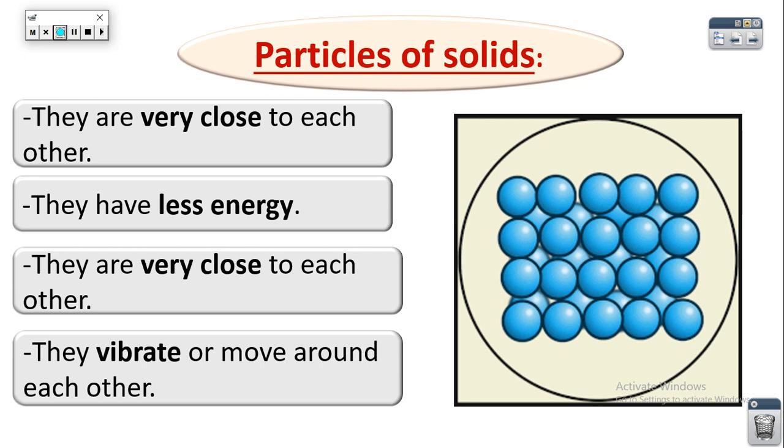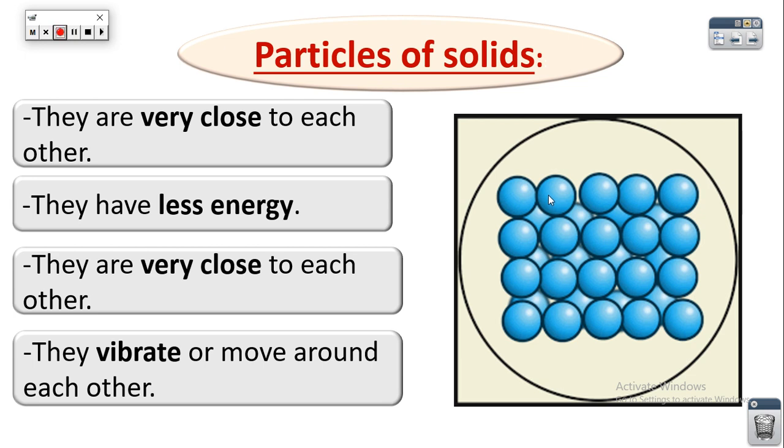Let's start with the particles of solids. As you can see in this picture, the space between particles of solids is very close. And they have less energy. Why? Do you remember? Because solids have definite shape and definite volume, so the energy that makes the particles move is very low.